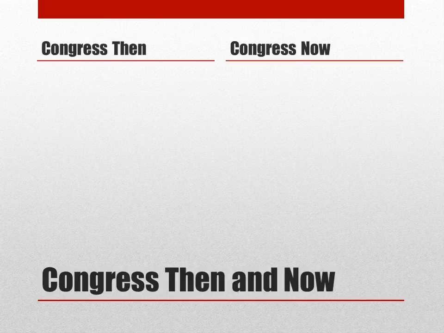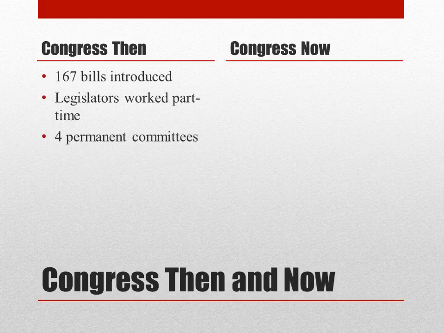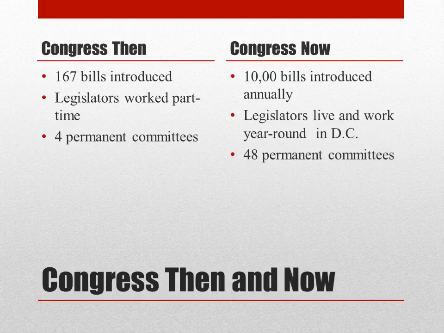If you look at Congress at the beginning of our government, around 1789, it was a lot different than what you have now. Congress, again another term for the legislative branch, only had 167 bills introduced at the beginning. A bill is when the House of Representatives and Senate look at a new item, maybe a new idea for a law, or a petition.